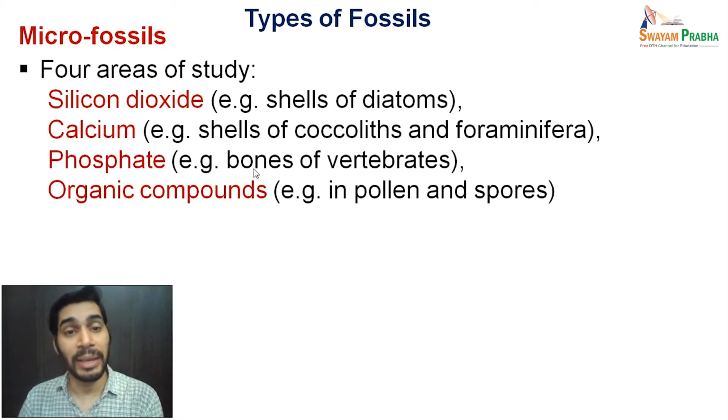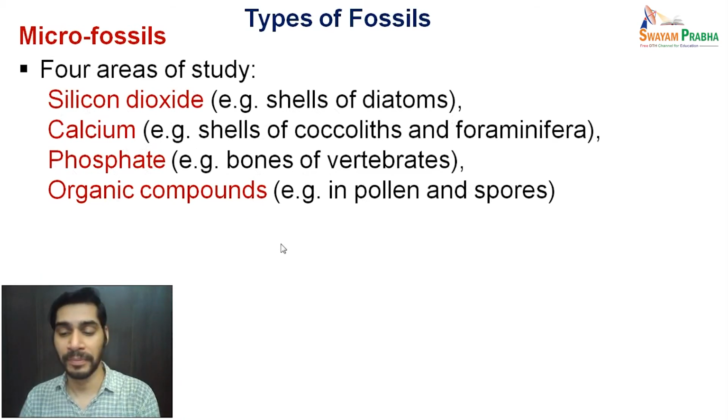If it is a microfossil of the bone of a vertebrate, they are the phosphate category of microfossils. Yet another category can be organic compounds, where the pollen and spores of plants come. So depending on what type of organism it was, what kind of chemical composition it had, the microfossils are named accordingly.